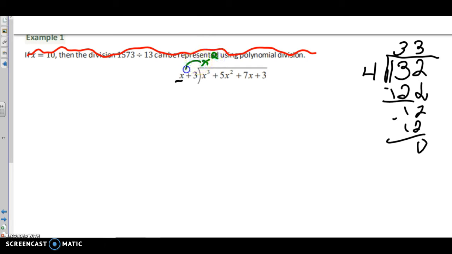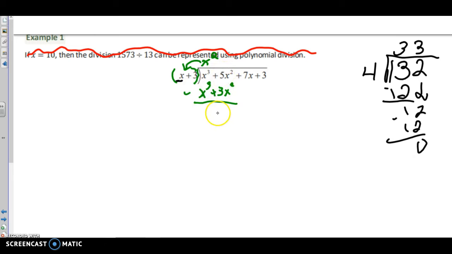And then I'm going to multiply this whole thing by x squared. So I end up with x cubed plus 3x squared. And then I subtract.